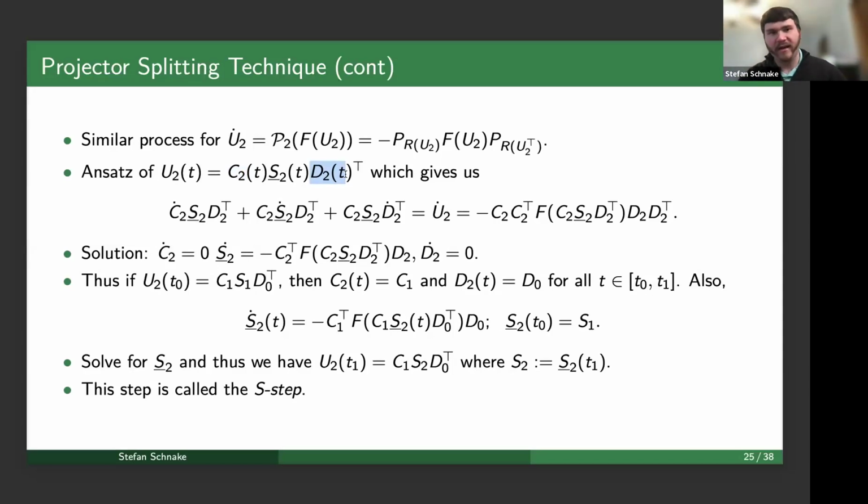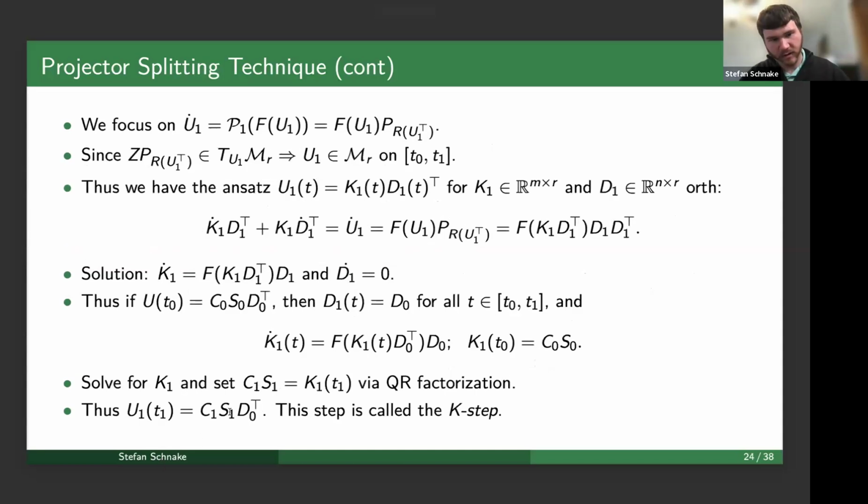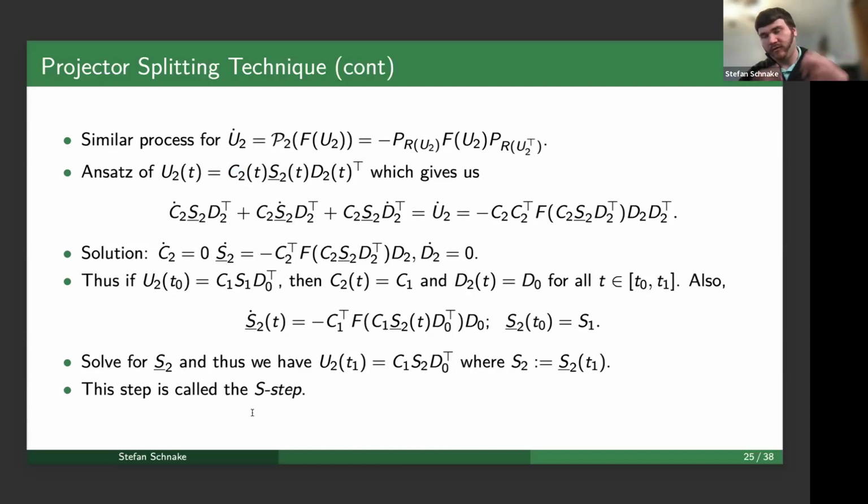And you can plug everything in, and you can essentially say that, okay, my choice here is I'm going to make the C's and D's constant in time, and I'm just going to evolve the S by projecting onto the span of C and D. So remember, the previous output was C1 times S1 times D0 down here. We're going to use that as the input into our next substep here.